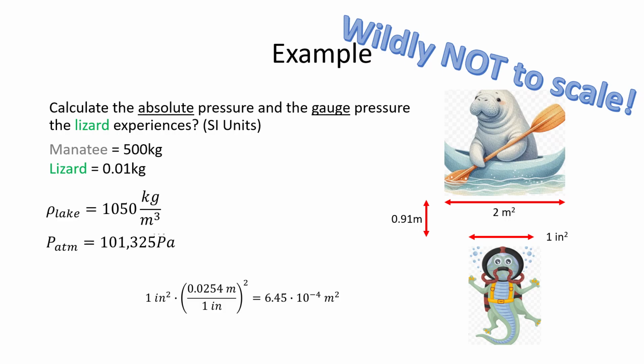I just use this and I square the entire thing. So 0.0254 gets squared, m gets squared, 1 gets squared, and inch gets squared. And dimensionally, the inches squared go away and I get meters squared. Much easier to do it this way. Then I get the area of the lizard's head, being that quite small, as you can see.